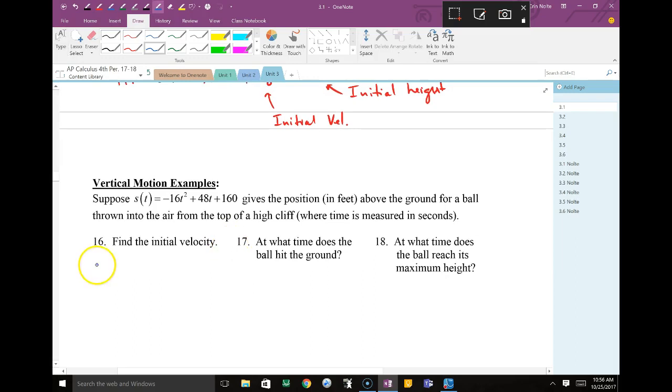Velocity is our derivative, so velocity would be negative 32t plus 48. Then all we have to do is plug time 0 in, because that's initial time. So it was 48. And how do we label initial velocity? Feet per second.